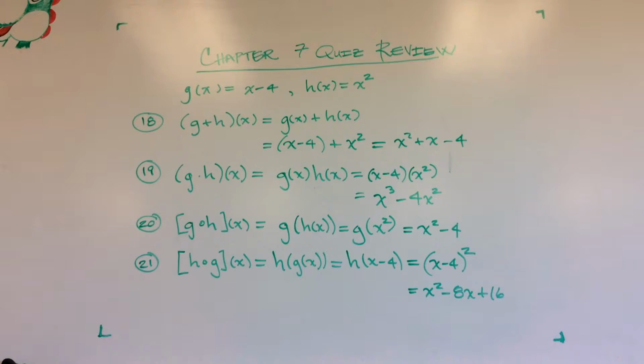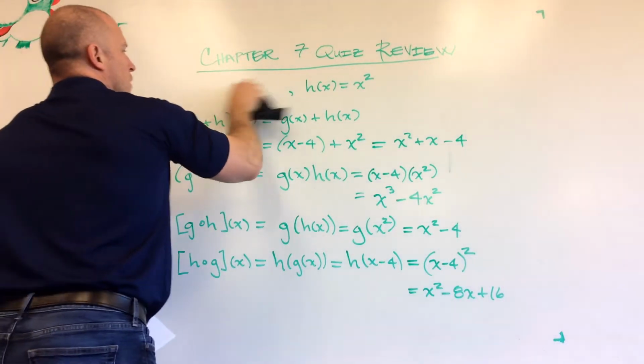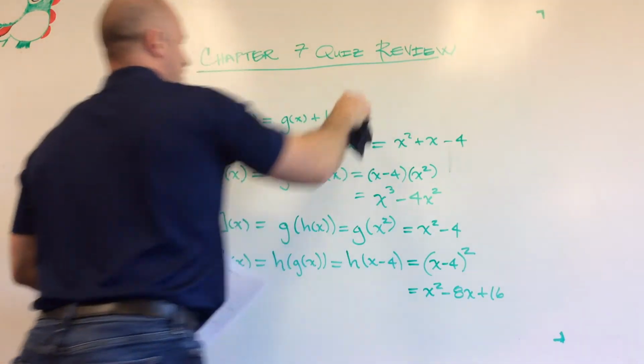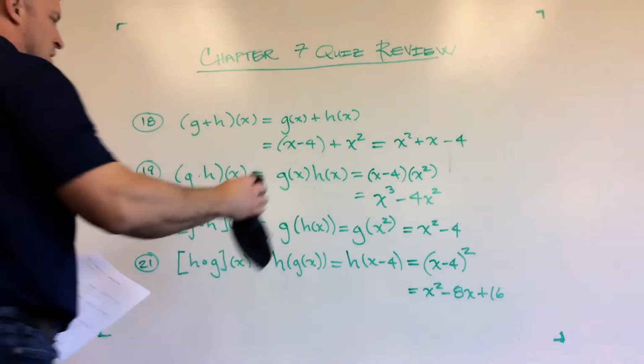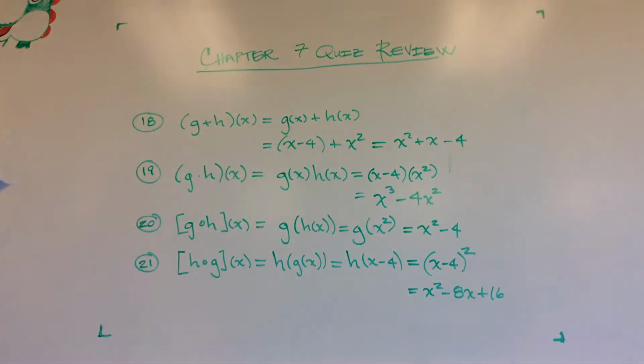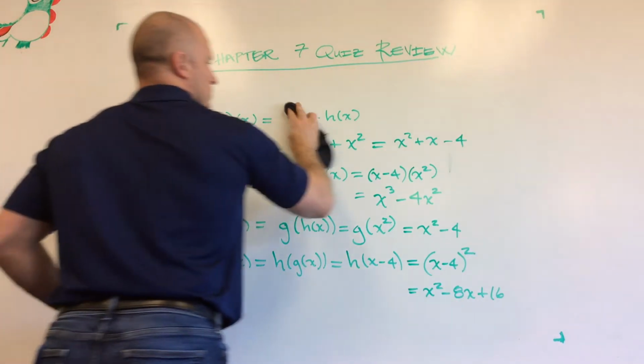The next page, problems 22 through 25, are similar to the previous page. It's going to be the same operations, but with two different functions. We have a new g and a new h in this case. But it will ask us to perform the exact same operation. So I'll leave those operations up in place.